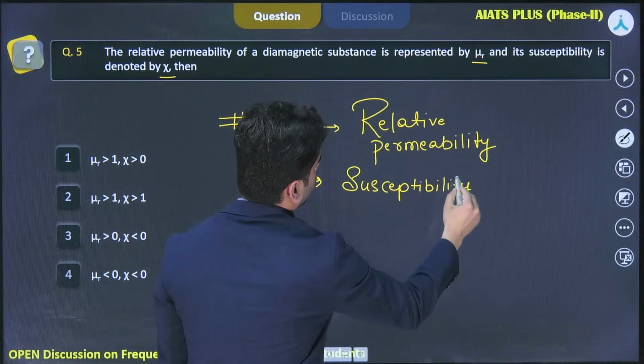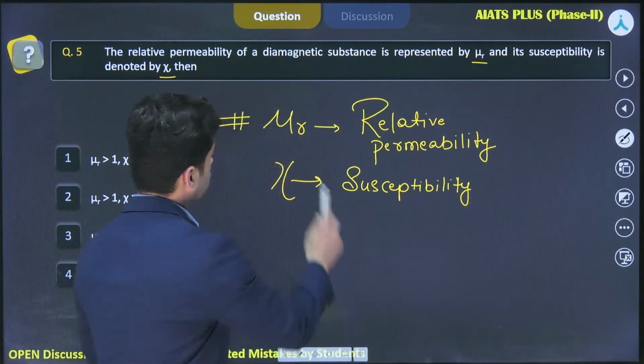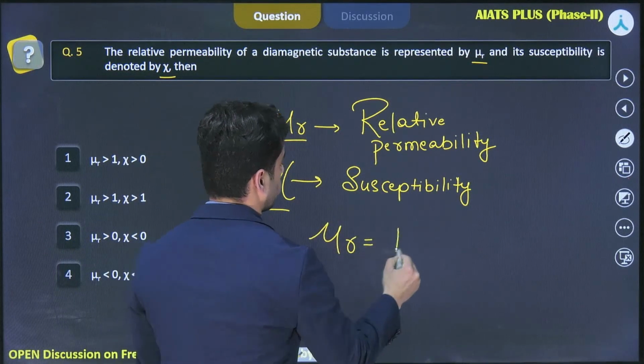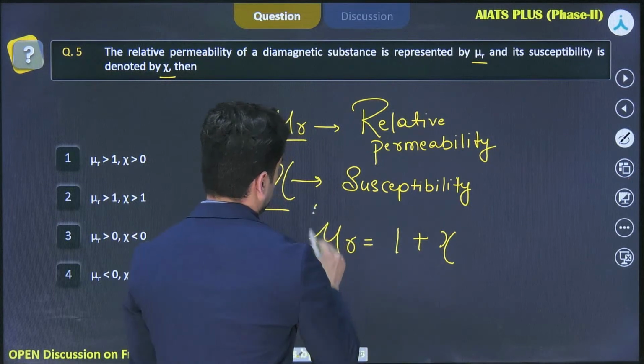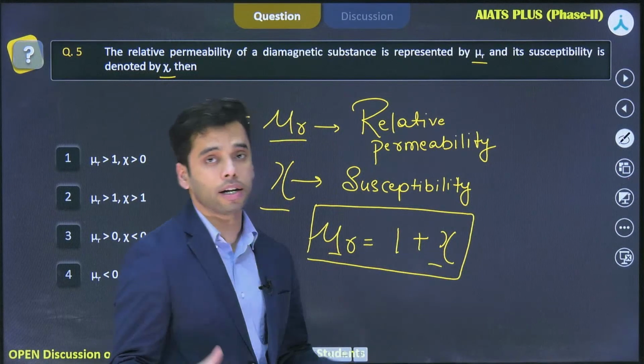Now to comment on the relative permeability and susceptibility, you need to understand the relation between mu r and zeta. So mu r is defined as equal to 1 plus zeta. The relation between relative permeability and susceptibility is mu r equal to 1 plus zeta.